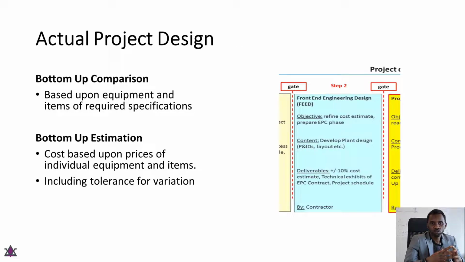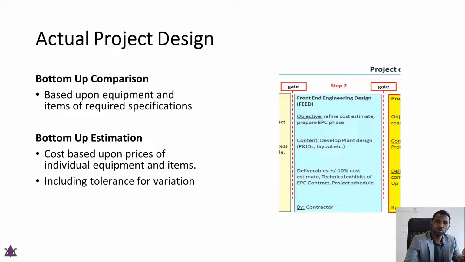So in step 2, you'll be looking at actual project design. This is more rigorous than step 1, but it's less rigorous than step 3. In this stage, the bottom-up comparison is going to be used for estimating the different equipment that are required.